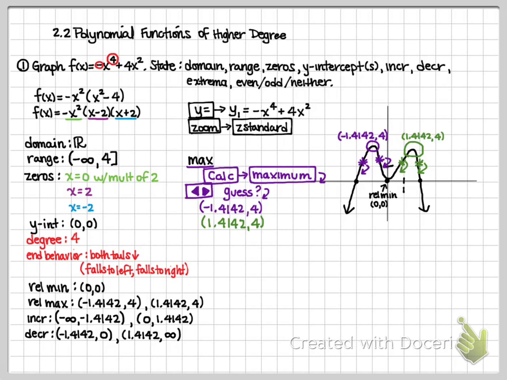Notice that my increasing and my decreasing are always in terms of the x interval. The name increasing and the name decreasing is already telling you what the y's are doing. It's telling you that the y's are going up or that the y's are going down. So whenever we do this, we always do the x interval for the name themselves.